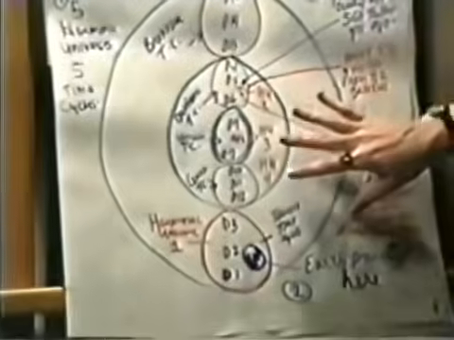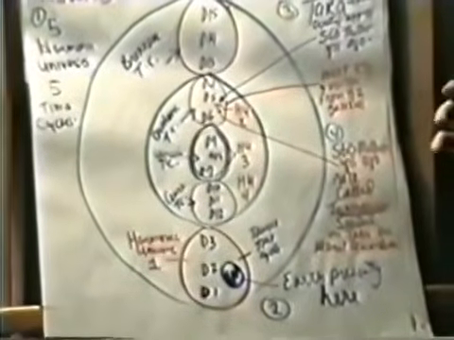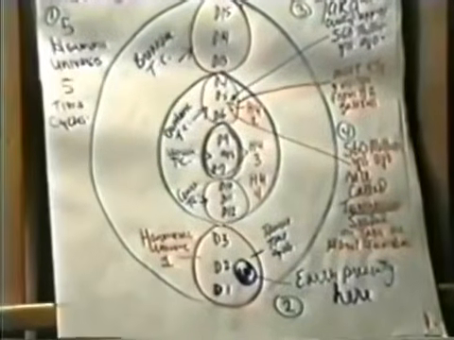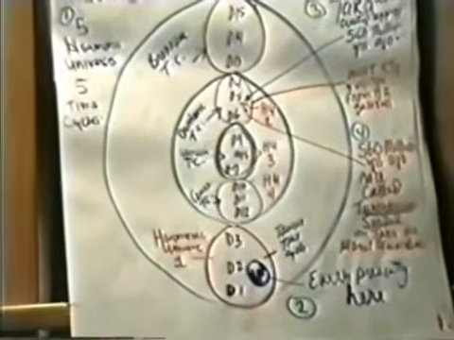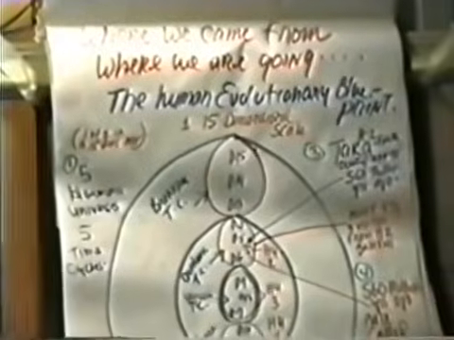Okay. In the 15-dimensional scale, there are something called harmonic universes. A harmonic universe is formed by 3-dimensional bands and how they relate to each other. And in between every set of 3-dimensional bands, there's something called a repulsion zone, which is an area of magnetism that literally forces the dimensions away from each other.